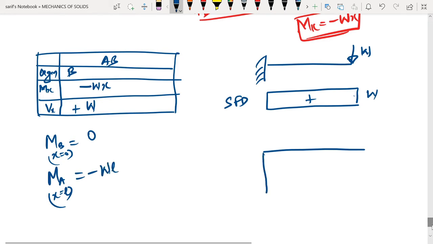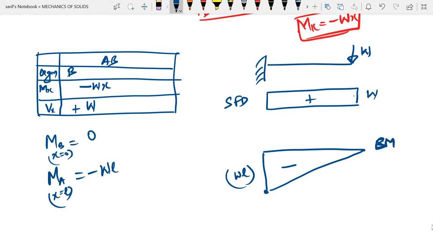So this is minus WL, and this is 0, and you join them by a straight line. This forms the bending moment diagram. So this is how we draw shear force and bending moment diagram for a cantilever beam subjected to concentrated loading at the free end.